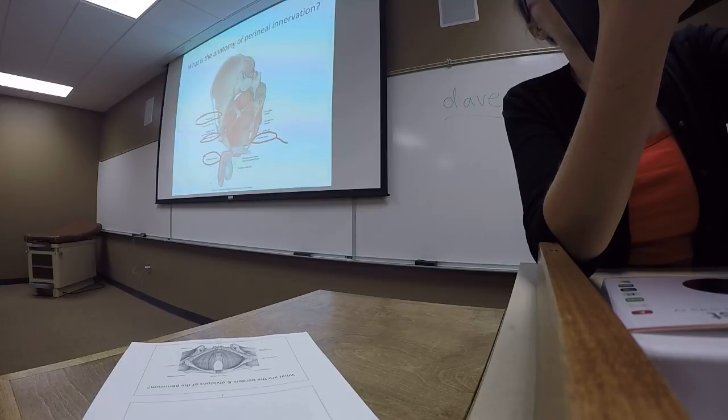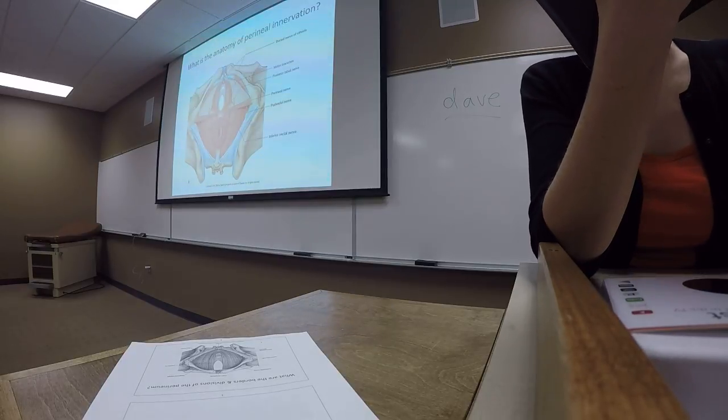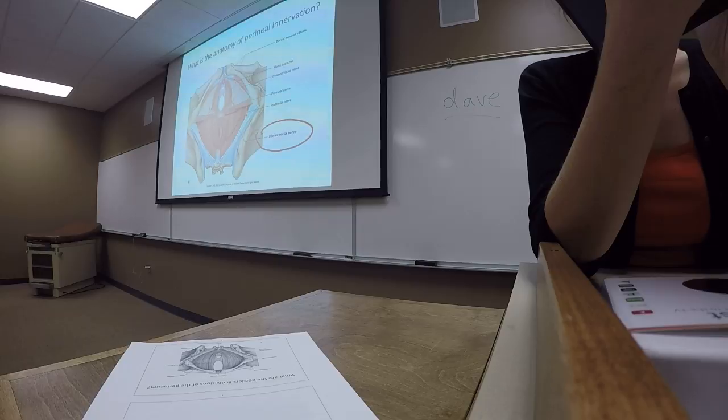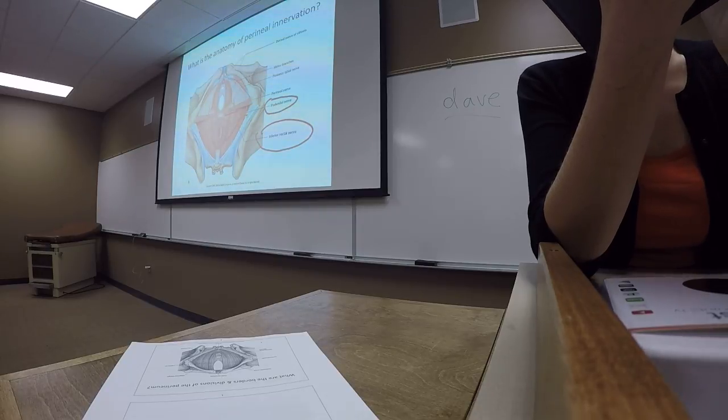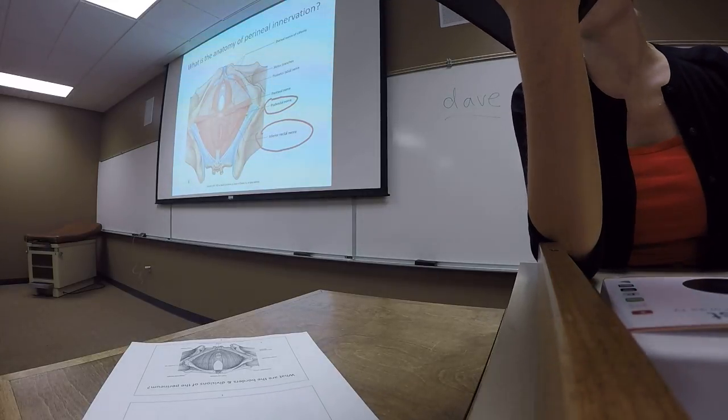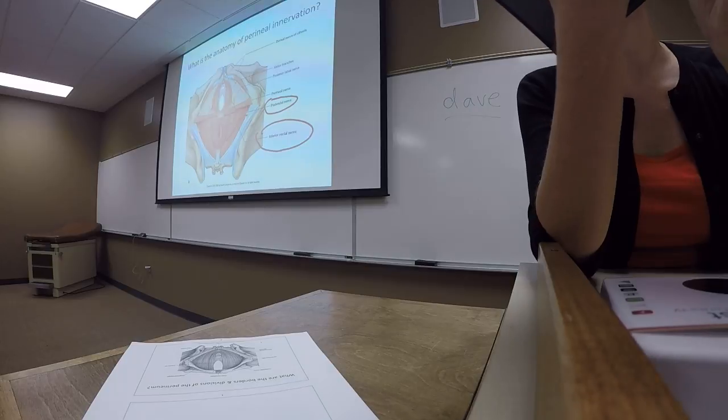The next slide shows that branching and the innervation patterns nicely. Here we have the inferior rectal nerve coming from the pudendal nerve and branching into the anal triangle. Just remember the pudendal nerve goes in and out of the pelvic cavity a couple of different times and then finally exits through the pelvic outlet.